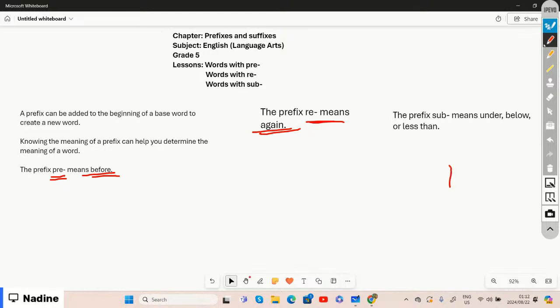And then we also have another prefix, which is sub. Just think of sub like a submarine, because it means under, below, or even less than. Yes, well done. So here a word is already given: reappear.